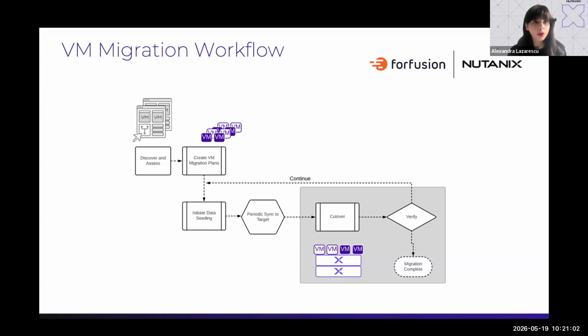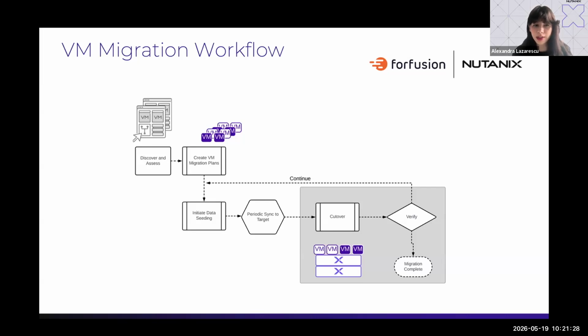For example, you can put all of your production virtual machines into one plan. You can put your testing ones in another, your backups in another. Whatever way you want to divide them. And I think you can have up to 50 virtual machines per migration plan, so more than enough to divide them based on what you need. After you create the migration plan, you select where you want to migrate from to where you want to migrate to.